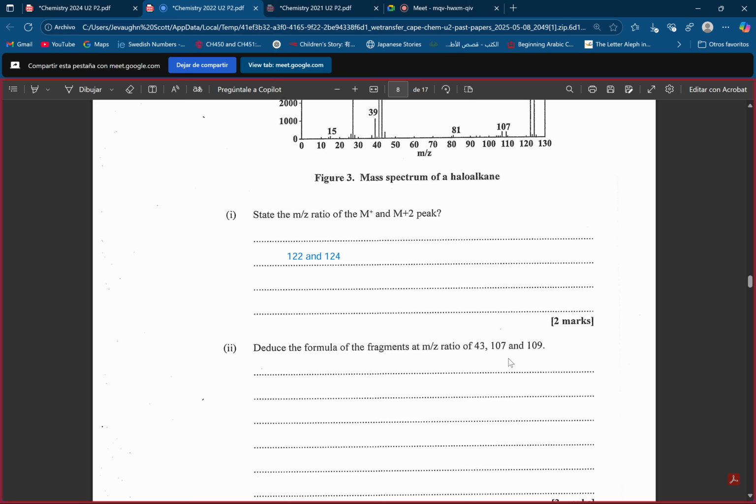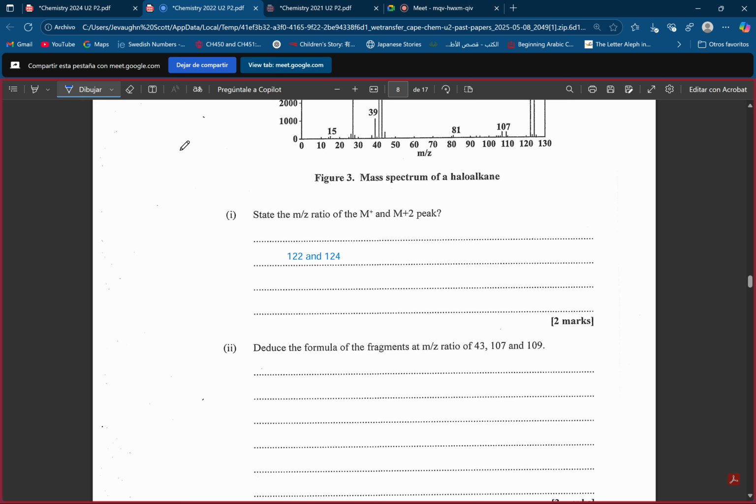So 43 you said propyl, the ion. All right, so we're gonna have a propyl cation. Right? So the first one would be a propyl cation, and the formula, let me write out the formula.